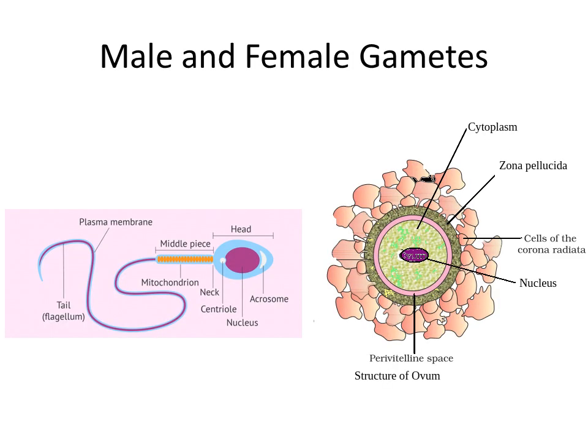So the parts of the male and female gametes. Before discussing the process of fertilization, you should know the parts of the male and female gametes. If you see the mature sperm, this is the head region of the sperm.